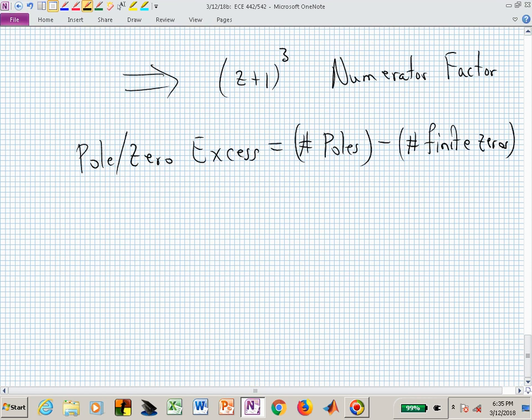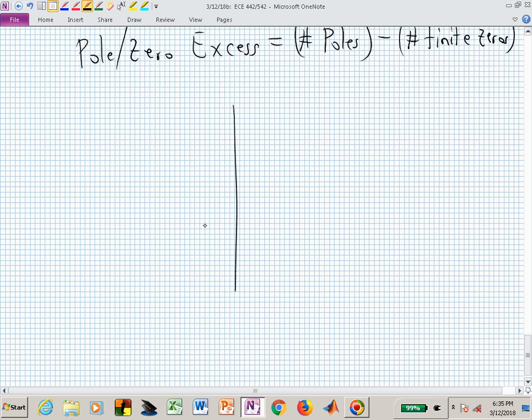Now, why do we map them into this factor z plus 1? Why is z equal to minus 1 like infinity in the z domain? So let's see what we can come up with. Suppose here's our S-plane, and I wanted to know the frequency response of a transfer function.